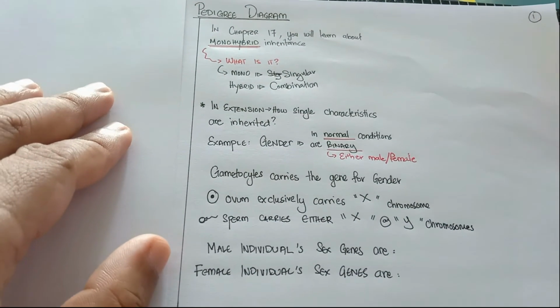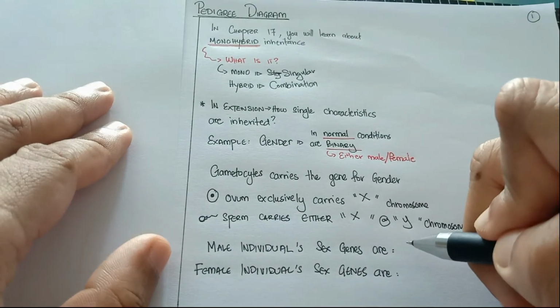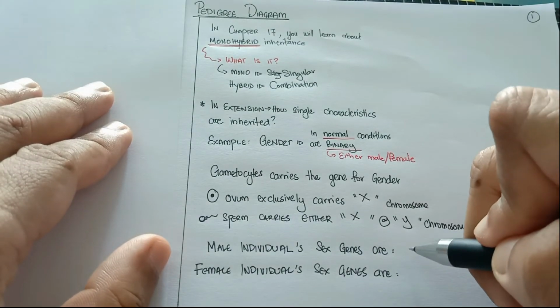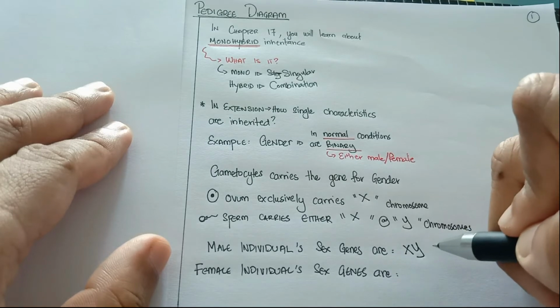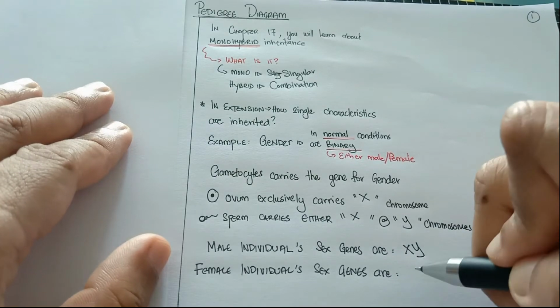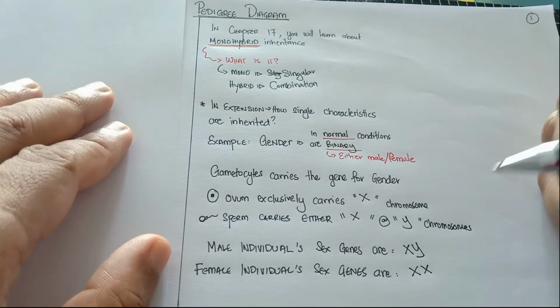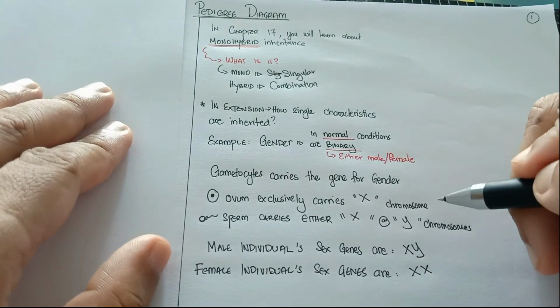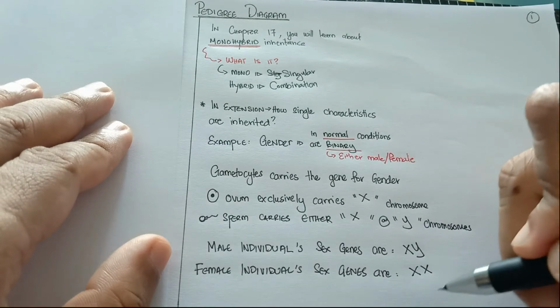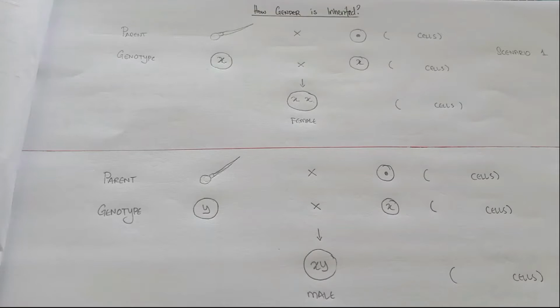A male, which is already 46 chromosomes, is X and Y. You don't have double X. For female it's XX. This is the only possible gene combination that will produce a male individual, and this is the only possible combination for a female individual.